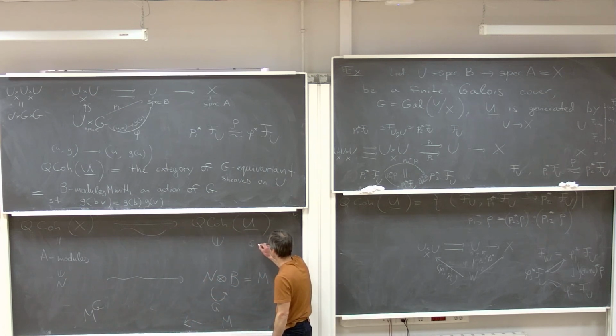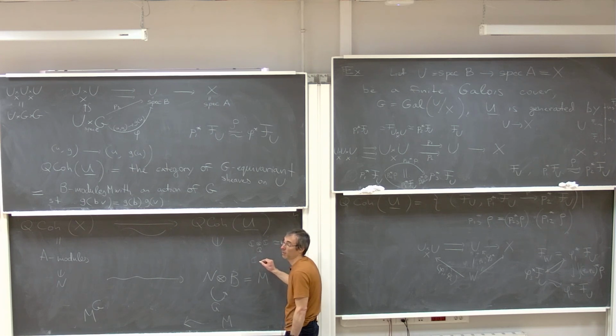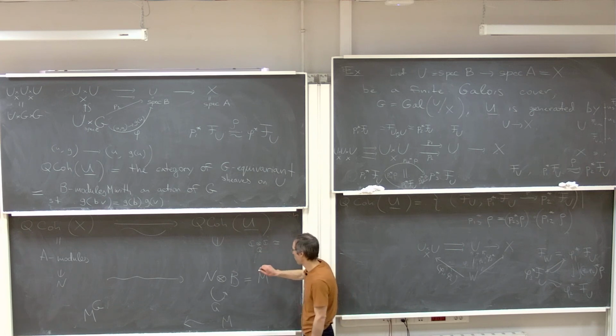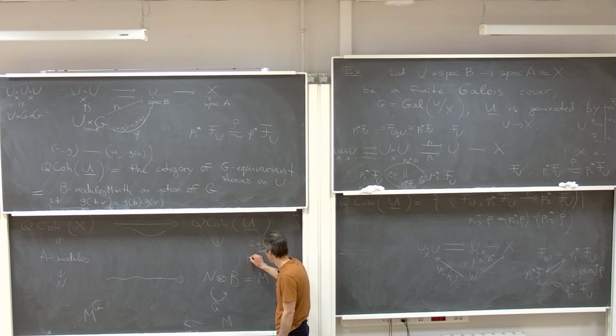So you're saying that C times C over Q, is it true that this algebra is isomorphic to a product, a product over automorphisms of C over Q of copies of C?